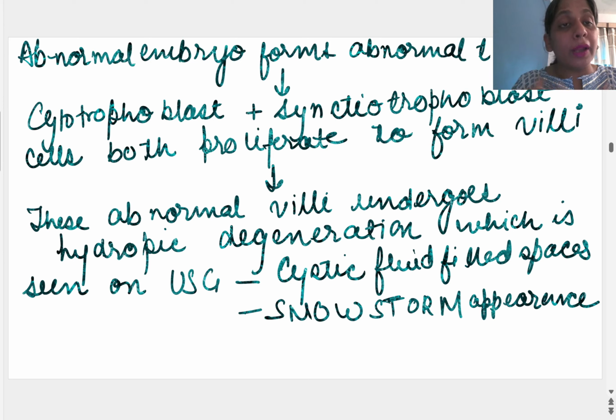These trophoblasts proliferate more and more, and then they engulf water, sucking water inside themselves, forming hydropic villi. When the villi engulf the water, they become hydropic, they look like cysts on the ultrasound, and that is known as snowstorm appearance.